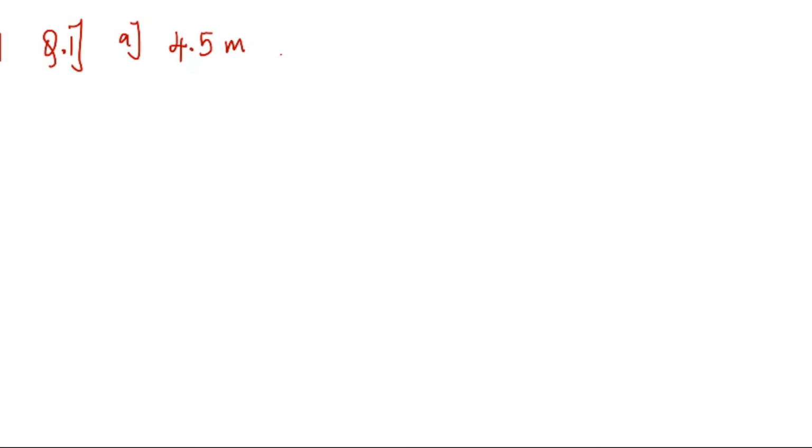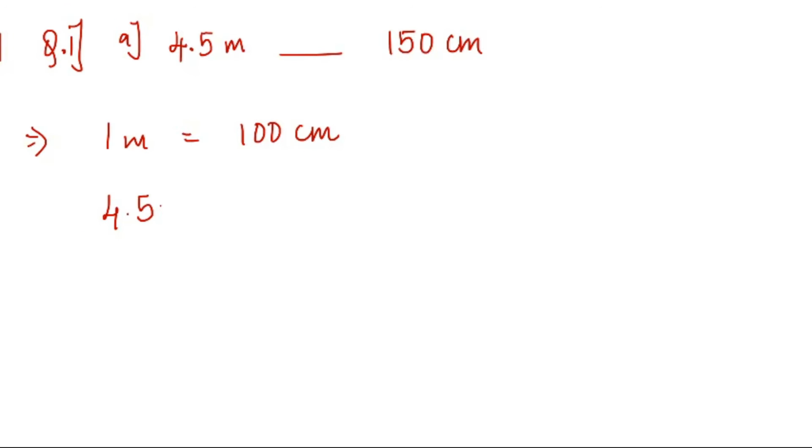So now we know 1 meter is equal to 100 centimeter. So 4.5 meter is equal to how many centimeters? Now this is centimeter, so we have to put this one also in centimeter to compare.